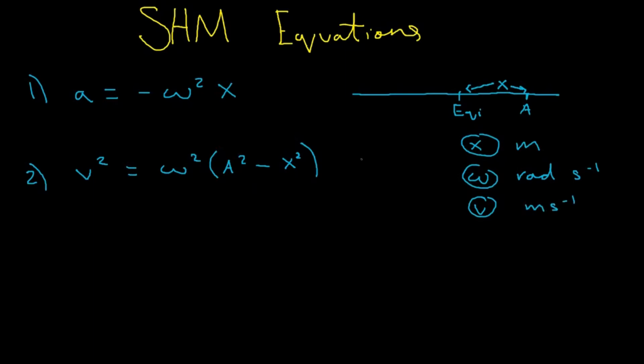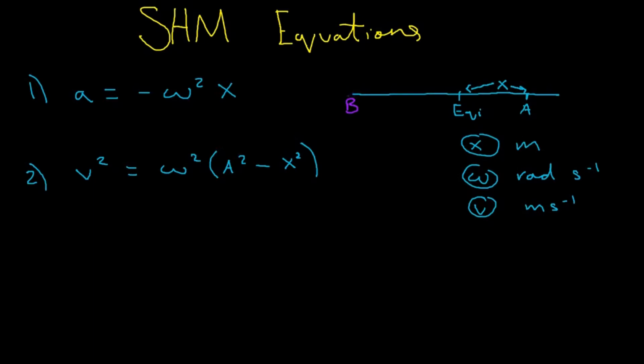And A is amplitude. So amplitude is, I'll label this B here. And this is equilibrium. This is the end of the spring, where if you recall, when the pendulum went to the end, it stopped at one point and the acceleration was maximum while the velocity was 0.